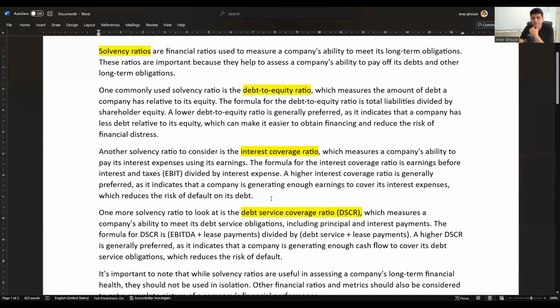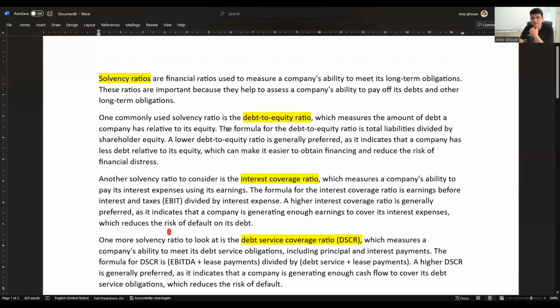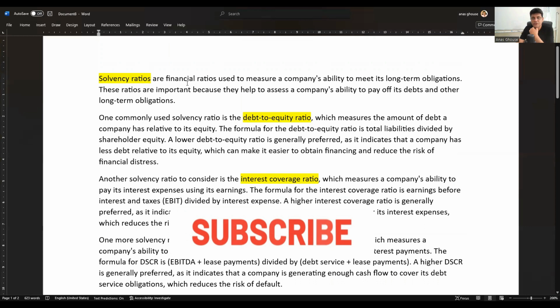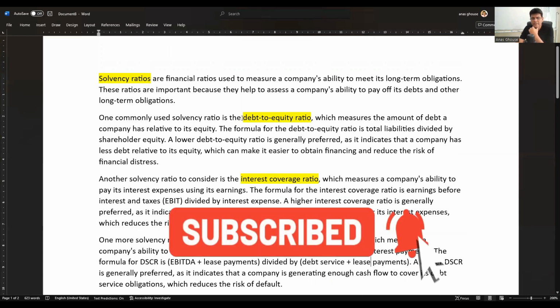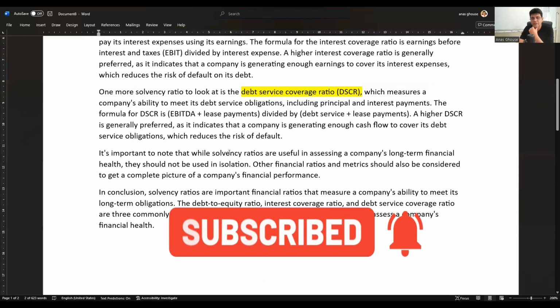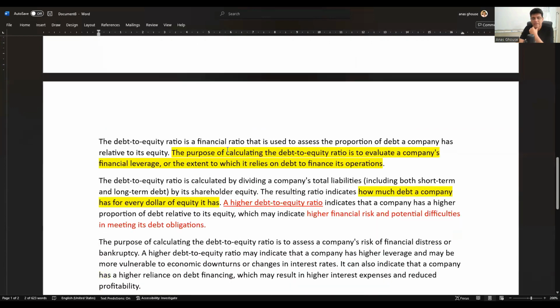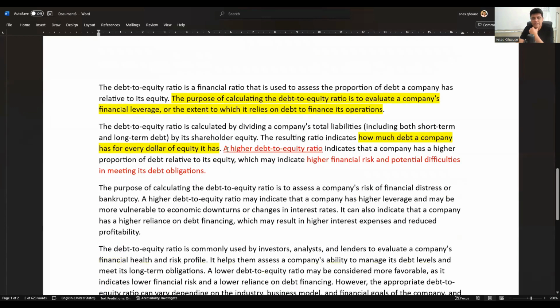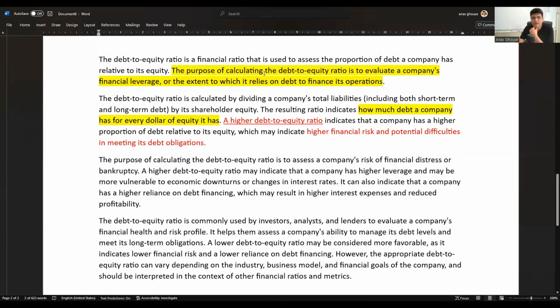So these are the three main ratios where we can calculate the solvency ratios. Now, what is the purpose of calculating the debt to equity ratio? The purpose of calculating the debt to equity ratio is to evaluate the company's financial leverage, or the extent to which it relies on debt to finance its operations.